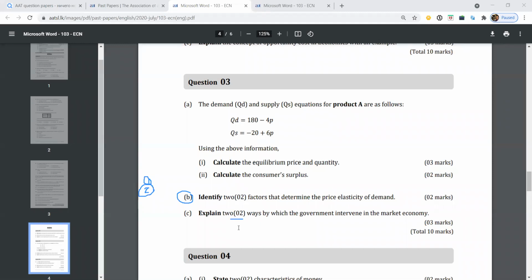These are government interventions. You are supposed to write only two. There are four: imposition of taxes, provision of subsidies, imposition of maximum price, imposition of minimum price. Right.